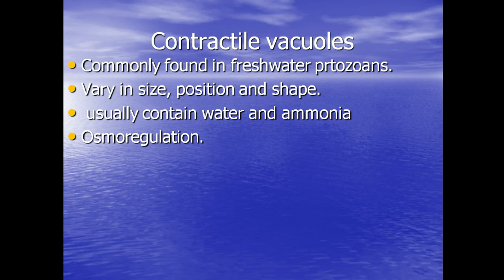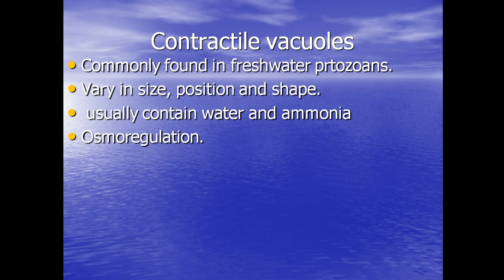The size, position and shape of the contractile vacuole vary, but their function doesn't vary. Usually, the contractile vacuole contains water and ammonia. What is the role of this contractile vacuole? Osmoregulation.